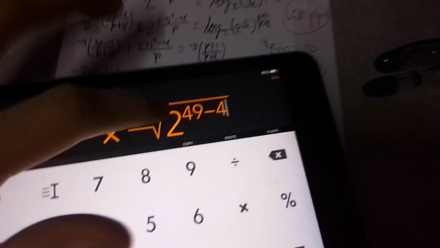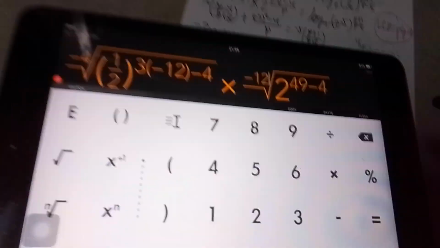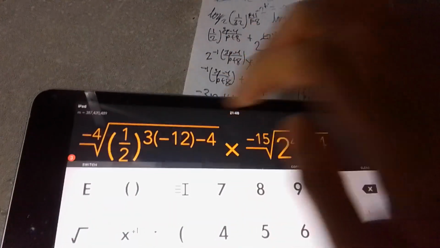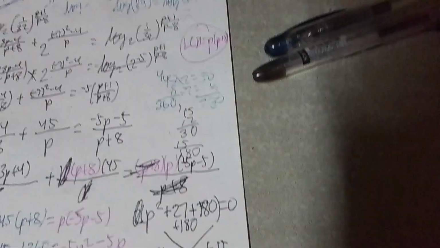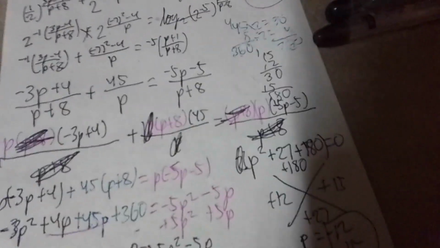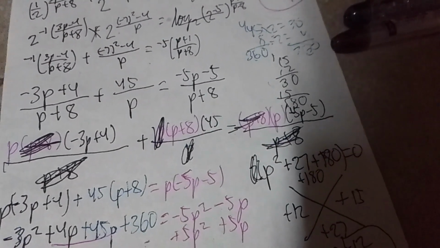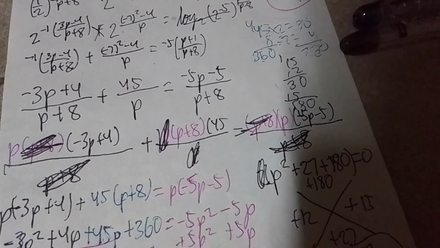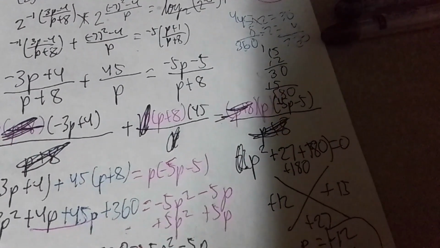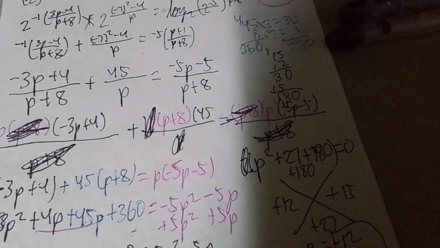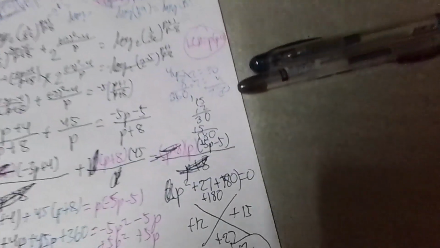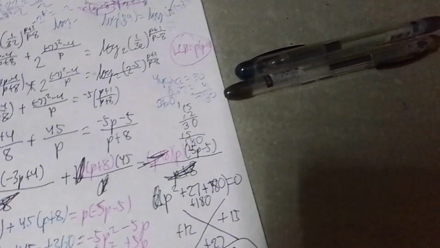How about let's try negative 15? Because here, remember, we got negative 15. So negative 15. Wait a sec, was that supposed to be negative? Yeah, that was supposed to be negative.